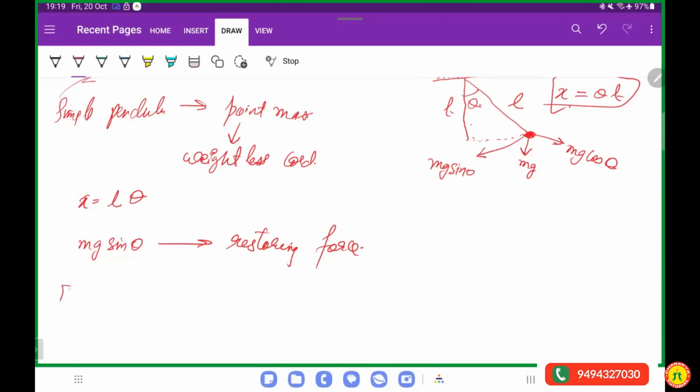So here F equals m d square x by dt square. Can someone tell me how we got this d square x by dt square? From which formula did we get it? Yes, anyone? What is d square x by dt square?